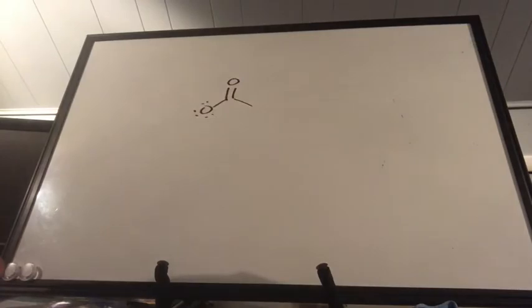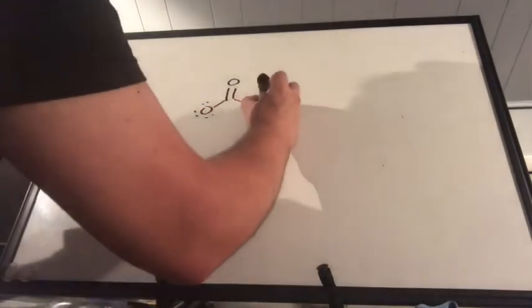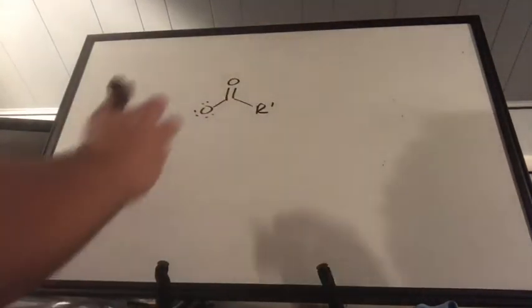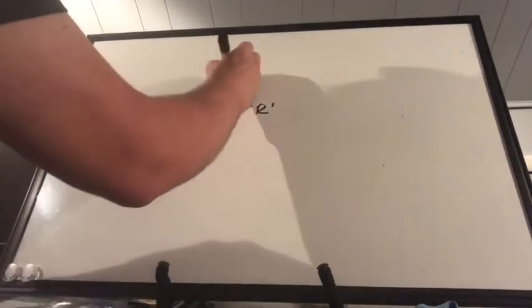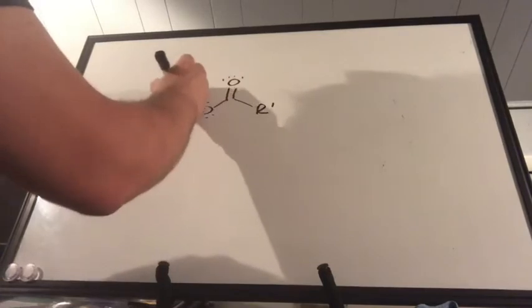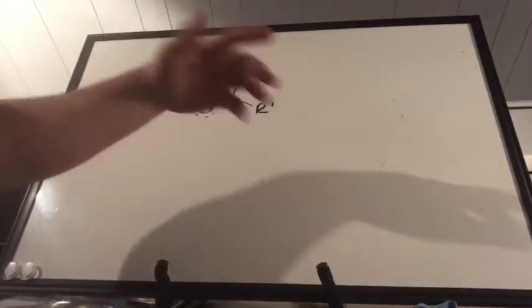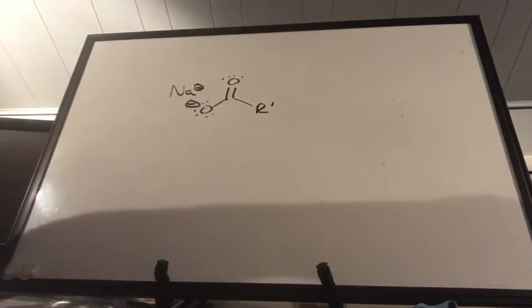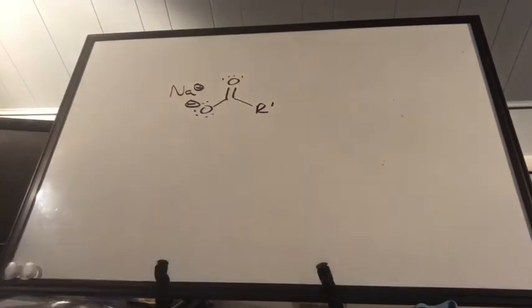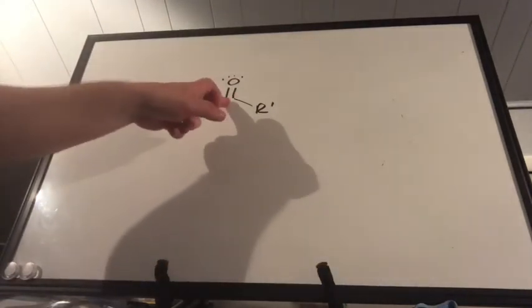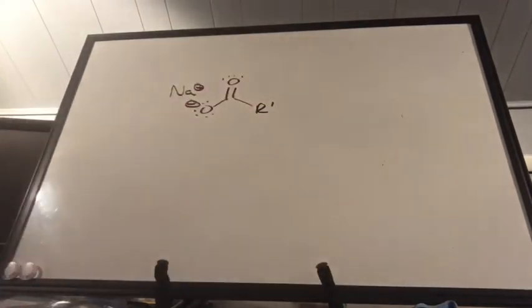Okay, so we have, just call it an R group. R is going to be 17 carbons down, and so this is going to be negatively charged. And then you're going to have this positive charge with sodium. So it's going to be sodium stearate. Stearate is to denote that there's going to be a total of 18 carbons from this position onward.